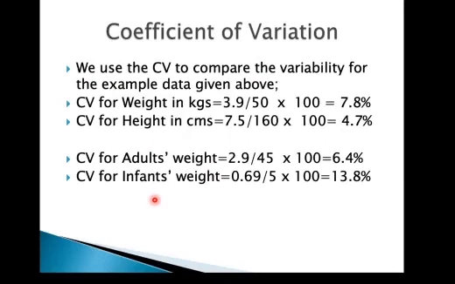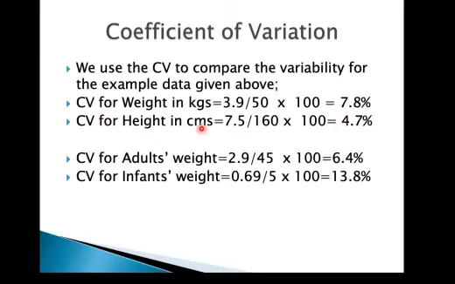And so we will use the coefficient of variation to compare the variability for the example of the data that we gave you above. The coefficient of variation for weight in kilograms is equal to the standard deviation divided by 50 times 100, and that's equal to 7.8.